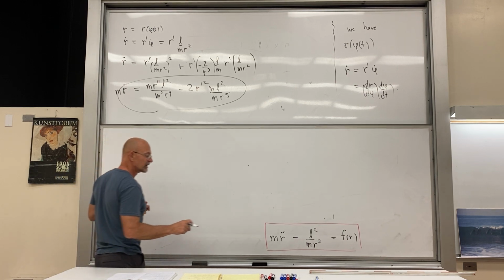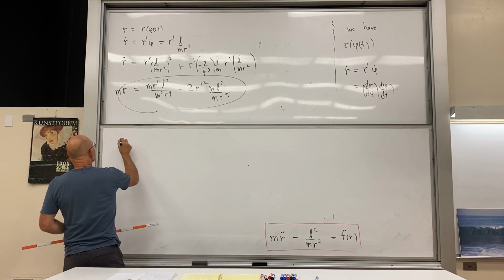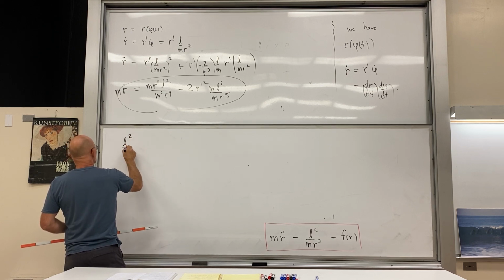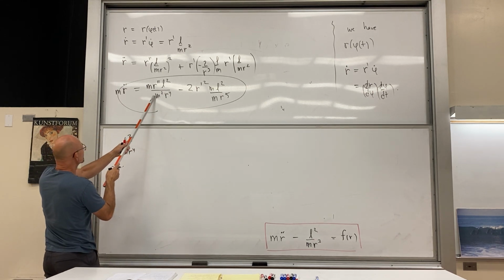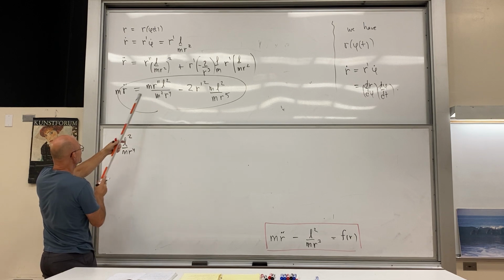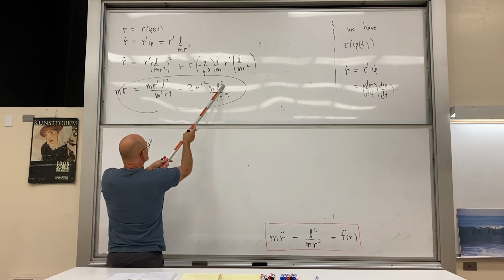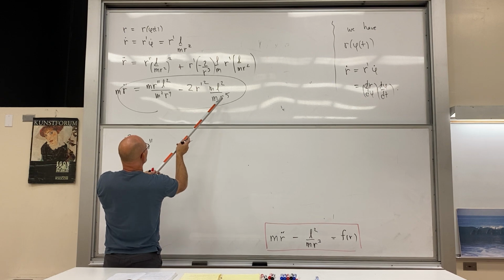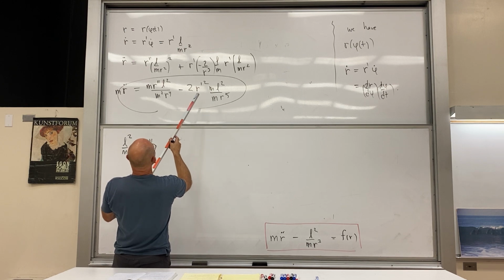Let's factor out, got an extra power here, let's factor out an L squared over m r to the fourth. Okay, so L squared over m r to the fourth, that leaves us just with r double prime. Looks like we've lost the power of m up there. M squared.